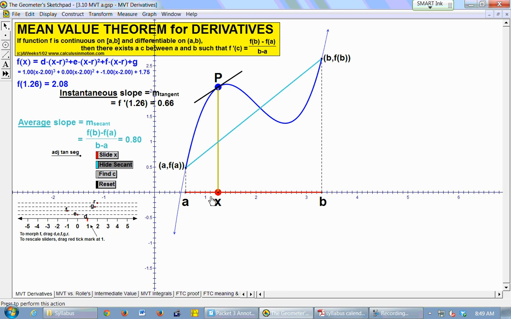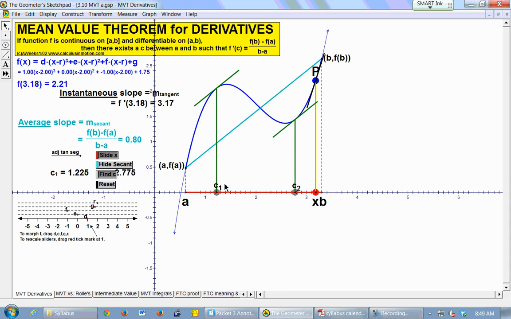Show the secant. So find c. It just moves it until it hits this parallel point. And then there's another one, and it marks it c1 and c2, two different c's that make it true. Buy it? Mean value theorem?